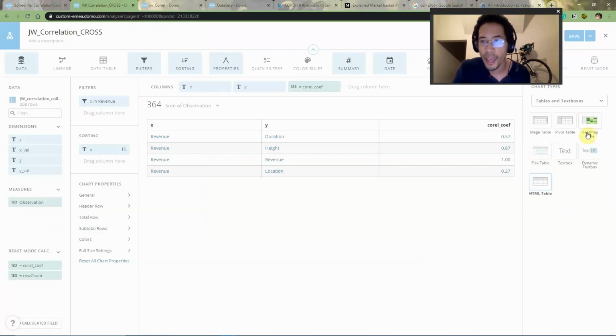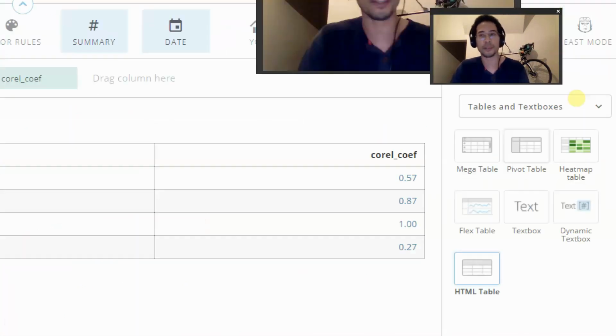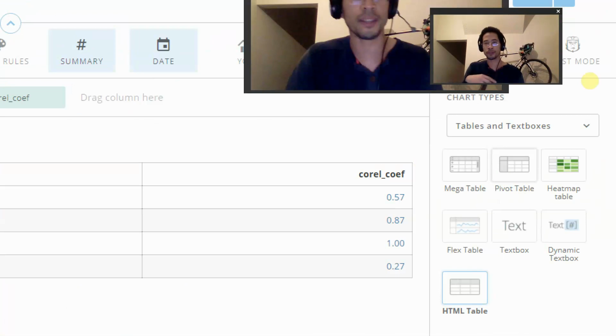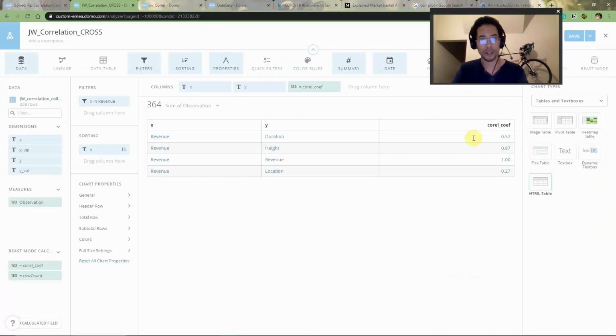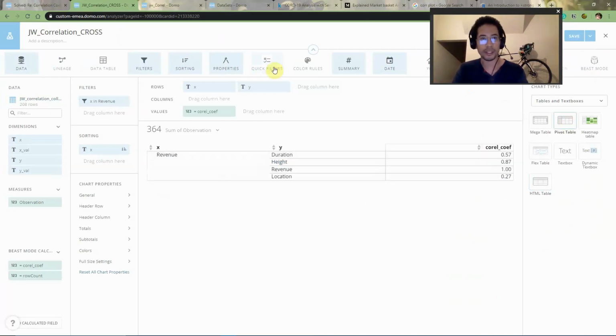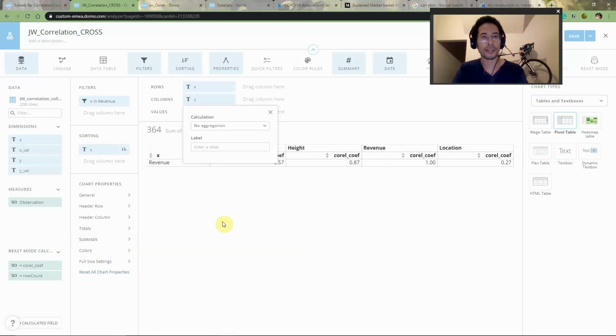Well, guess what? That, friends, is a pivot table. And if you weren't paying attention at Domopalooza, I'm saying it again, they've released pivot tables in Domo. All the Excel folks started cheering. So now I can put metrics on my y-axis, metrics on my x-axis.